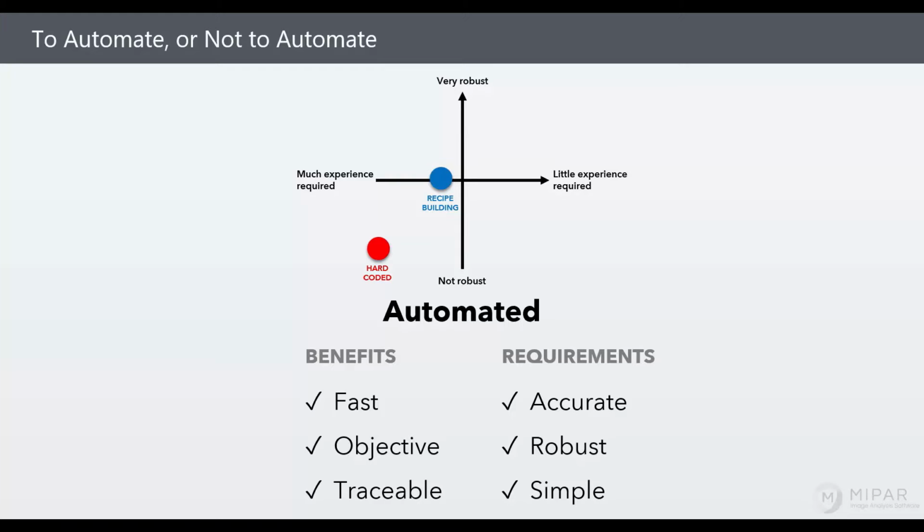Now for the simpler solutions, this often works very well. Because they're simpler, you usually need even less experience to build them, so that dot would move more to the right. And because they're simpler problems, the solution doesn't need to be very robust. So getting somewhere to the middle of the robust scale is perfectly acceptable.